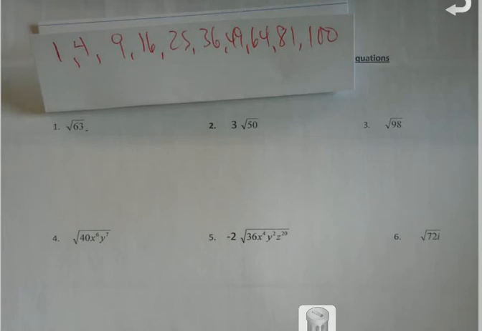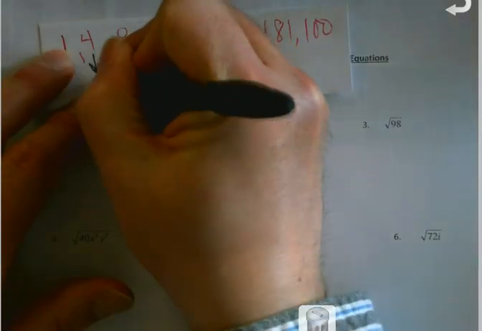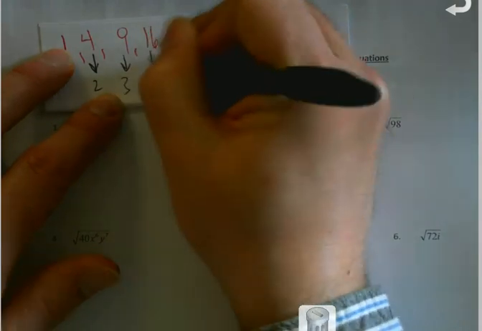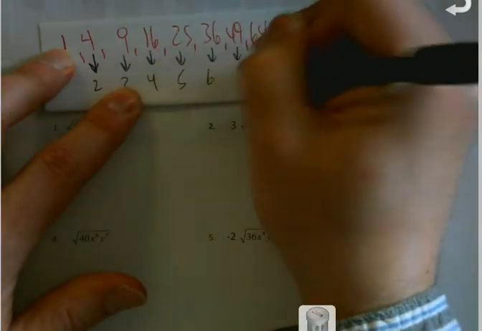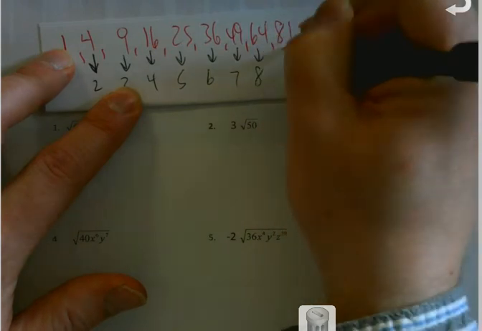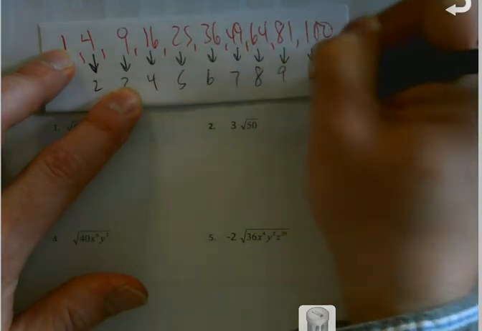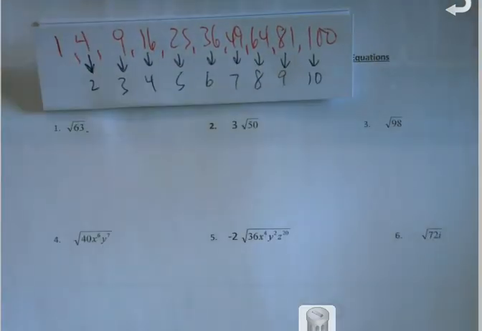The ones that'll break down when I take the square roots of them into numbers I can use to simplify my radicals. Now again, you've got a chart that does this for you too, but sometimes, having a little less information can be a little more helpful.